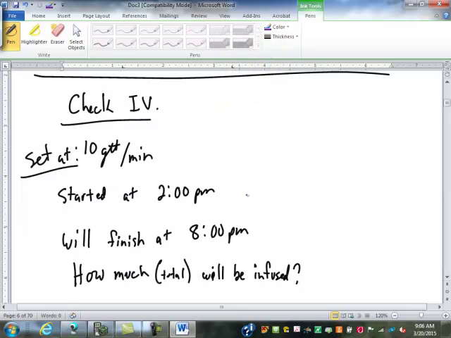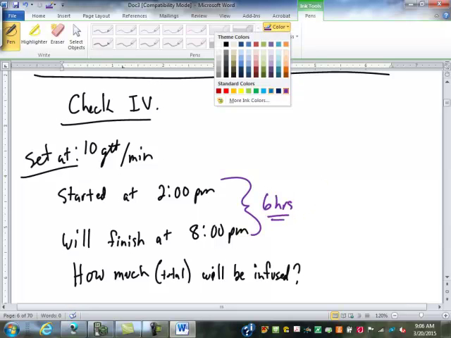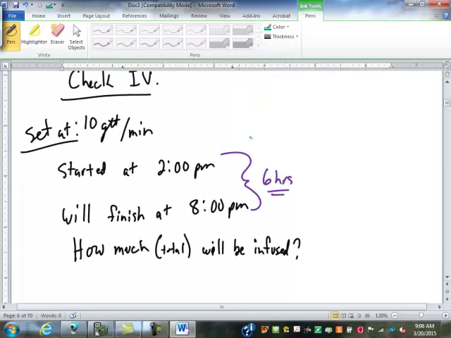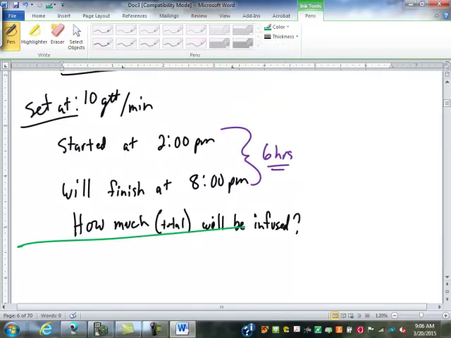Well, of course, 2 p.m. to 8 p.m. is how many hours? 6 hours. Good. So looking at this, we're working totally backwards now. We don't have doctor's orders. We need to get from what's being administered, or what the flow rate is, back to what the total was, what the doctor's orders were.